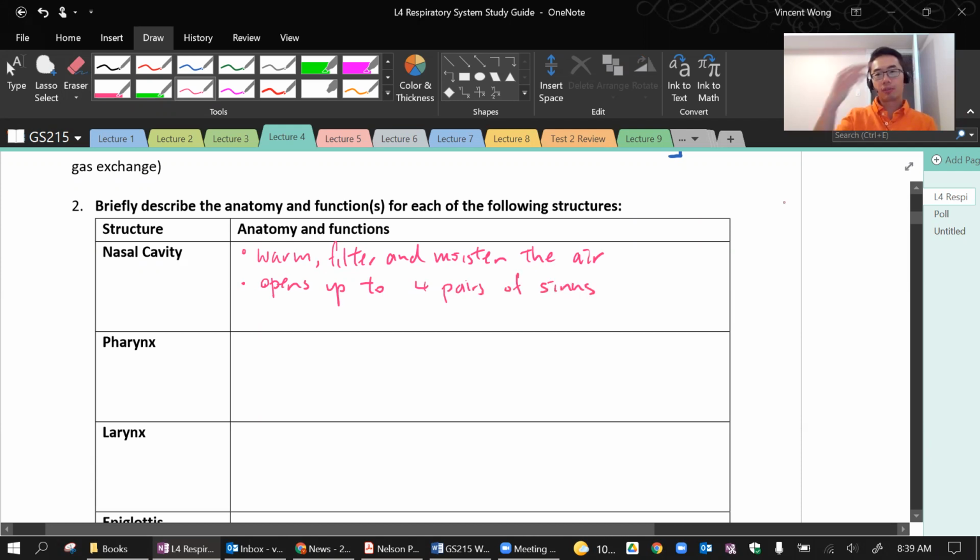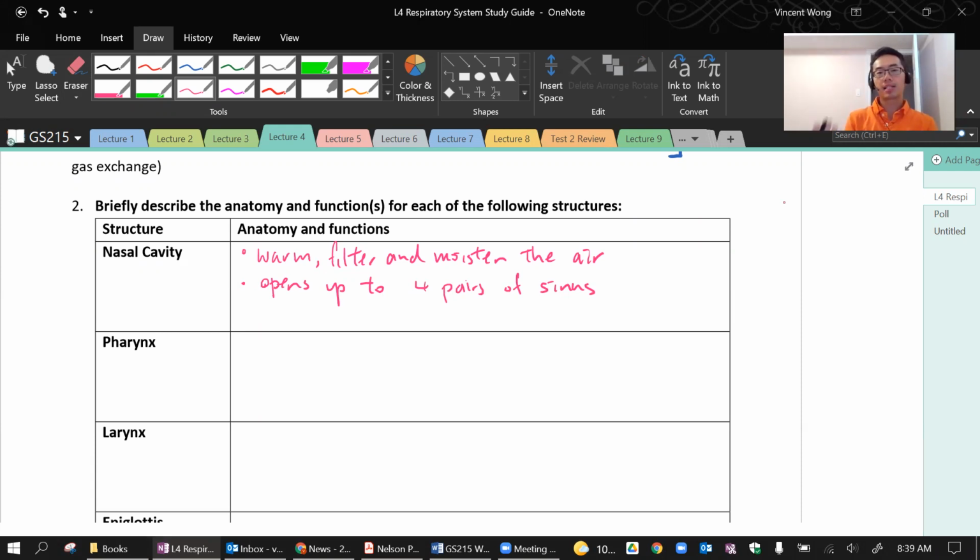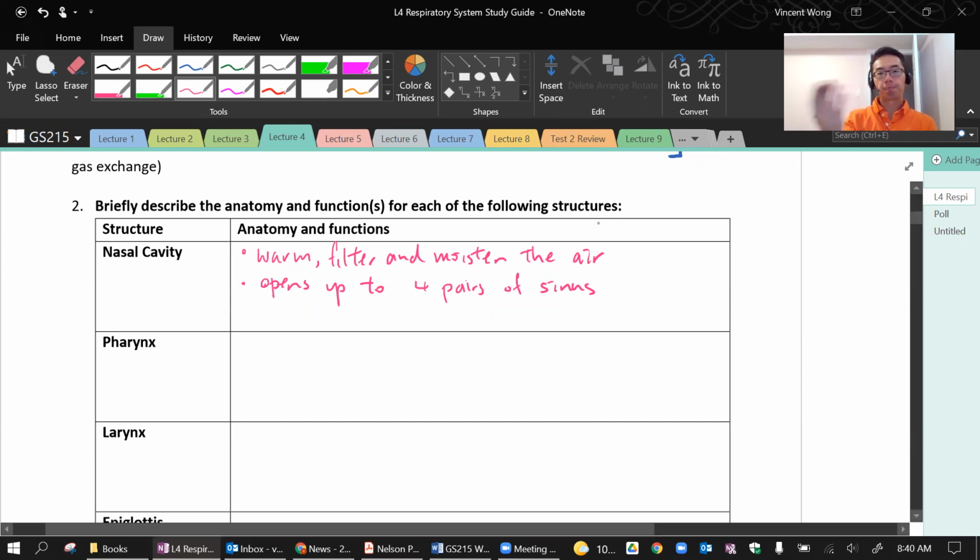So you have your frontal sinus, you have your ethmoid sinus. You don't have to know the names yet, but sinuses are basically cavities within bones. So they're named after the bones they are found in. This is called the frontal bone, and the 2 sinuses here are the frontal sinus. So that is the nasal cavity.